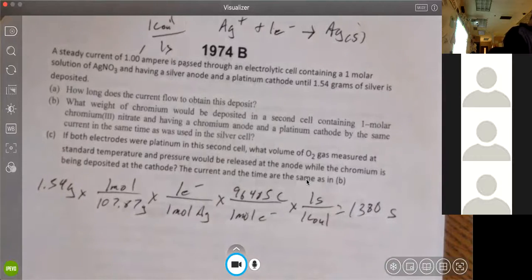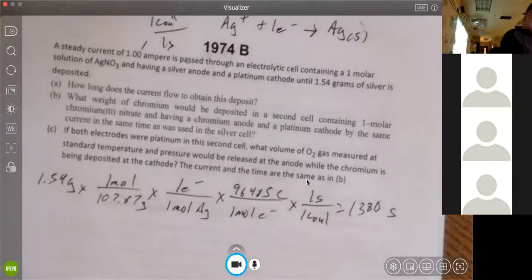What weight of chromium would be deposited in a second cell containing 1 molar chromium nitrate, having an anode of platinum and a cathode, by the same current in the same amount of time used in the silver cell?